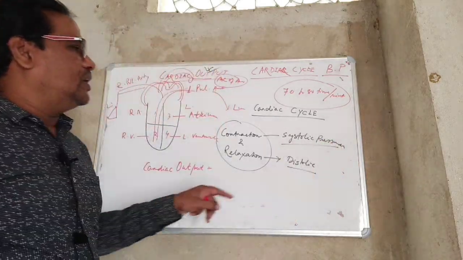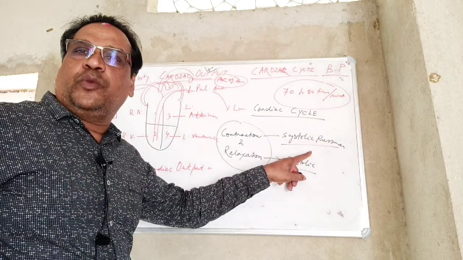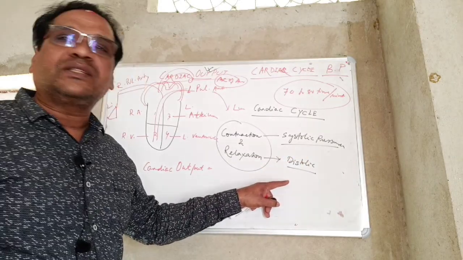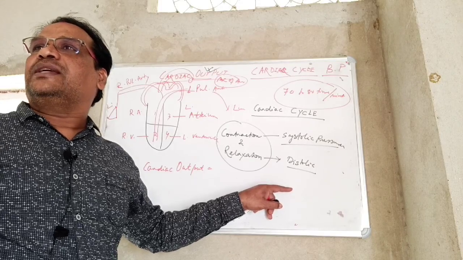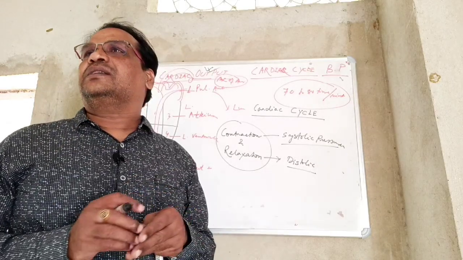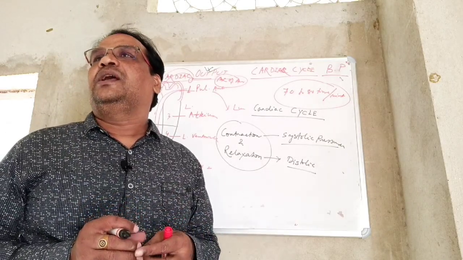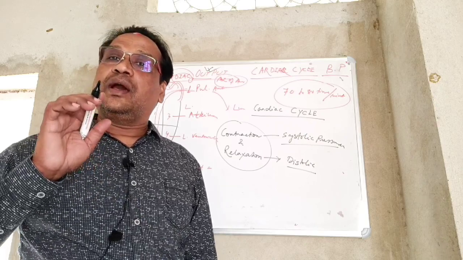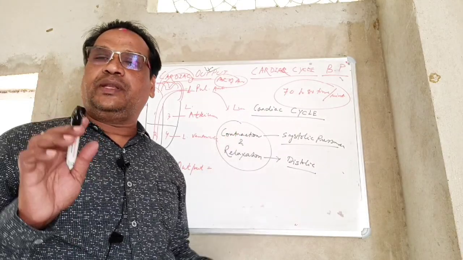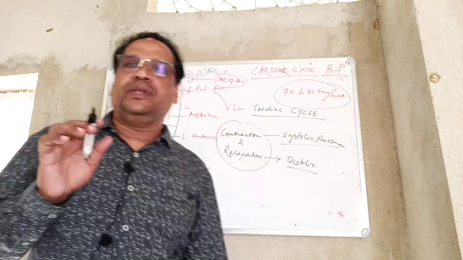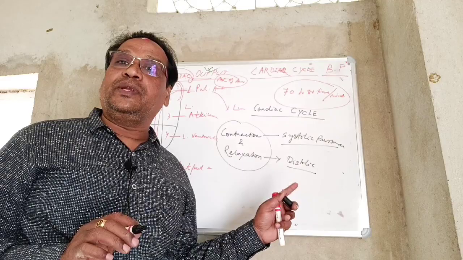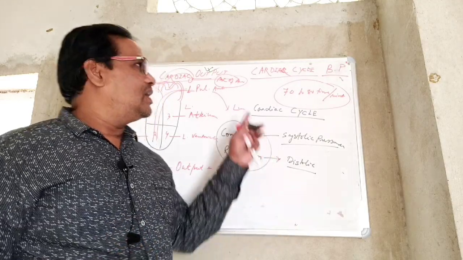With systolic pressure, blood is pumped out with more pressure, and with diastolic pressure, blood moves inward towards the heart. So the cardiac cycle refers to the pattern of contraction and relaxation of the heart during one heartbeat. The heartbeat is 70 to 80 times per minute, but in one heartbeat, that cycle is called the cardiac cycle.